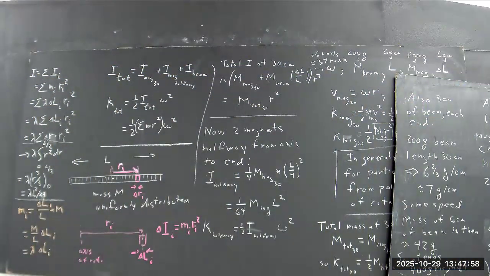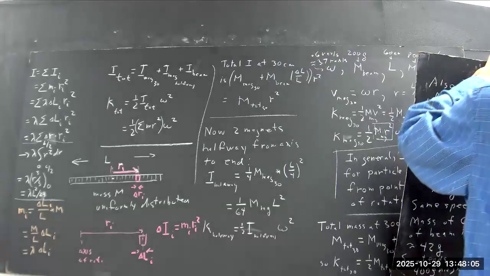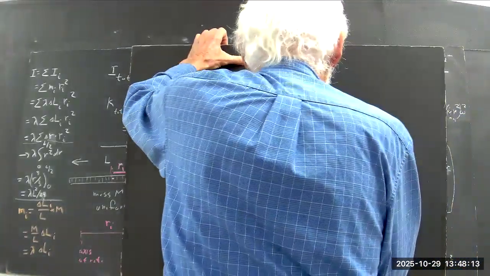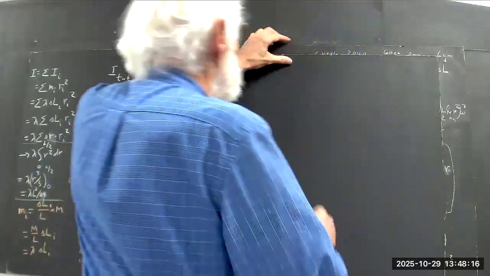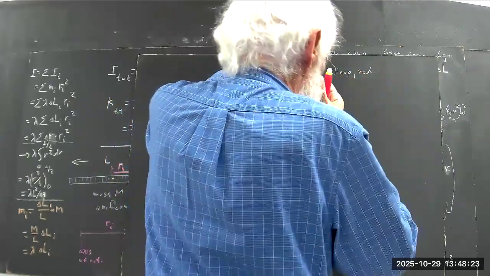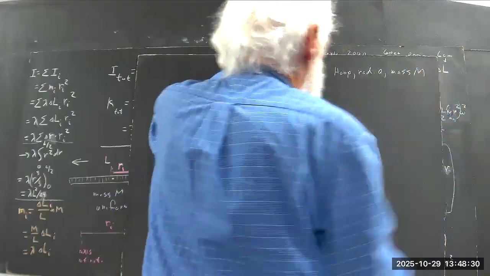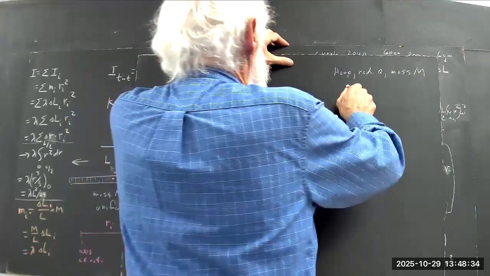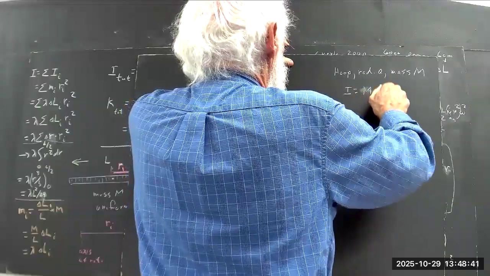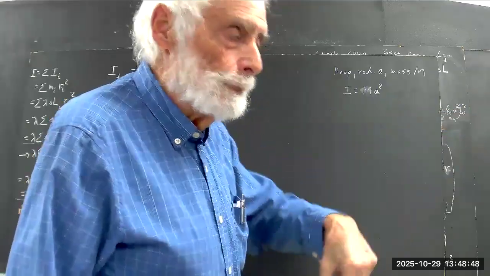But we can also do other shapes. Now, if you develop the integrals, if you do a hoop of radius A, mass M, the moment of inertia is I equals M times A squared, because every point on a hoop is at the same distance.